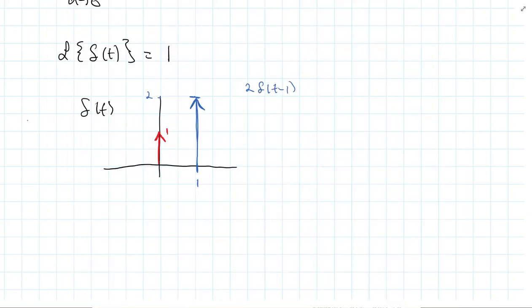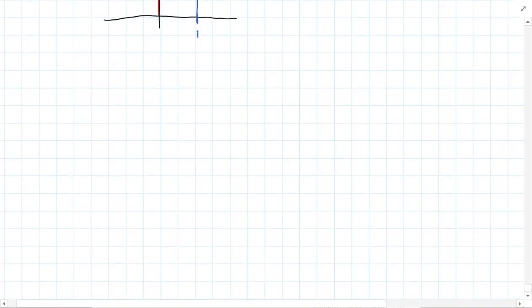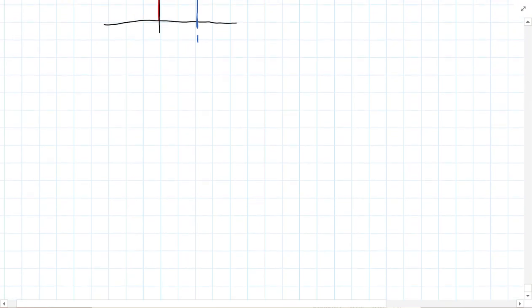So the first one here on that table, which I'm not going to really go into in detail, is what we call the linear properties.